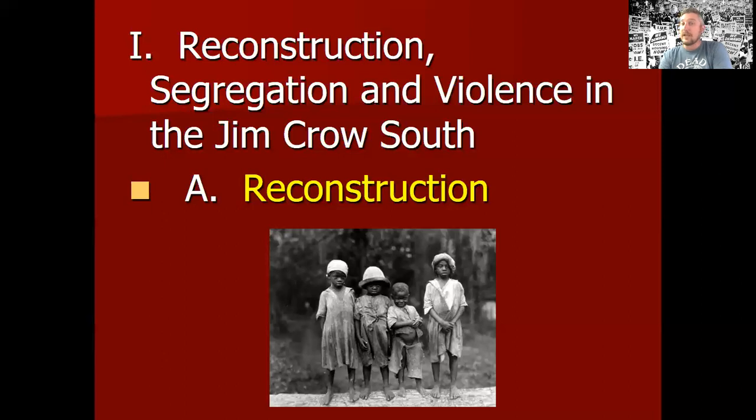Technically working as wage laborers. Often that was not the case. What we are going to see here soon is the development of sharecropping, and that really it was slavery by a different name, and I'm going to use that term a lot.